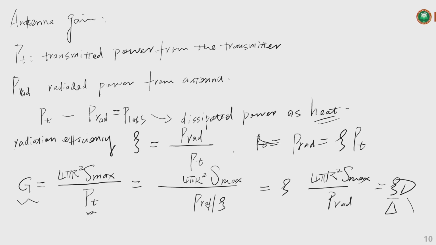That's because most antennas are designed to have perfect matching, and the ohmic loss can be neglected.